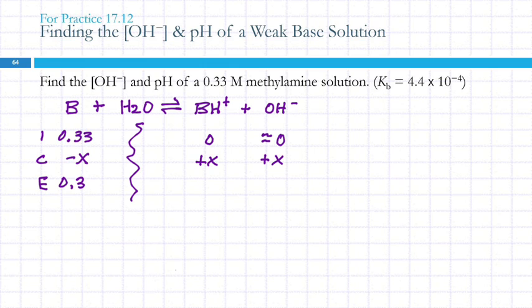So at equilibrium, this is 0.33 minus X. This is X, and that's X. Then we write the Kb expression. Well, I guess that's supposed to be a lowercase b. I got carried away.